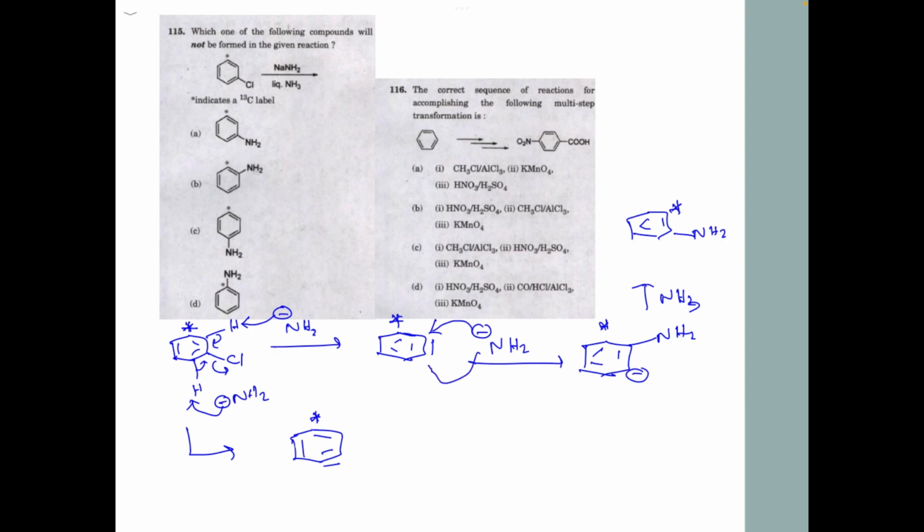If NH2 attacks here, we will have this isomer. When it reacts with the ammonia molecule, we will have this one as product.